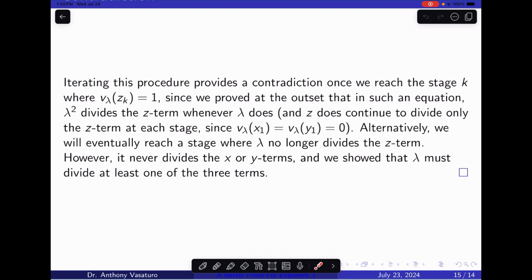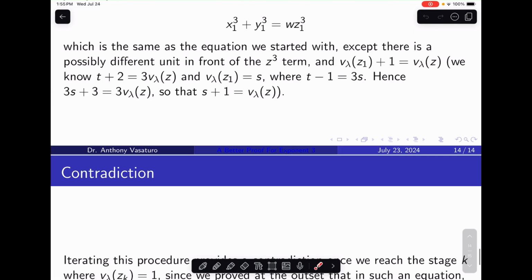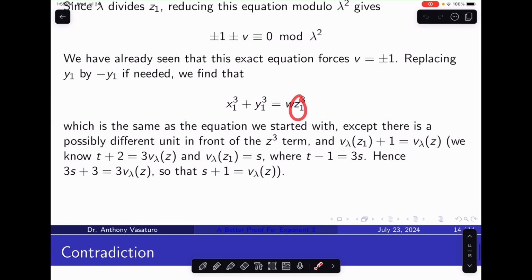By the way, lambda does continue to only divide the z term at each stage, because x1 and y1 had lambda-adic valuation 0 because x and y did. So there's one way of thinking about the contradiction. You can't keep shrinking the lambda-adic valuation of this one by one at each iteration of this procedure, or else you'll eventually not have lambda squared dividing it.